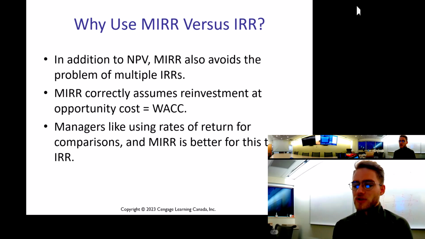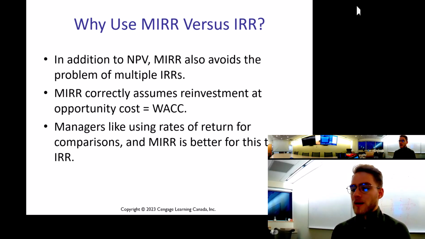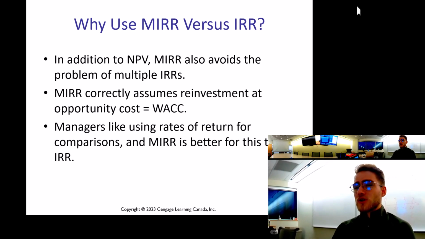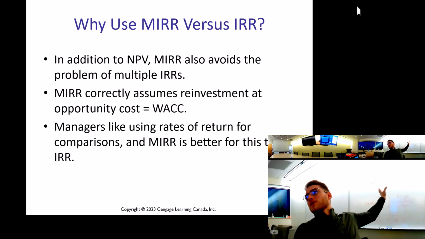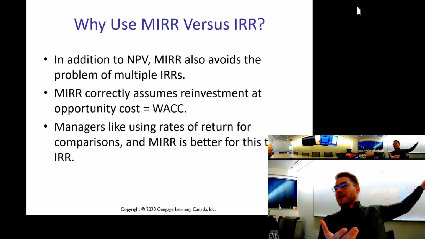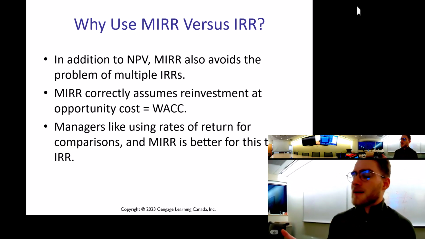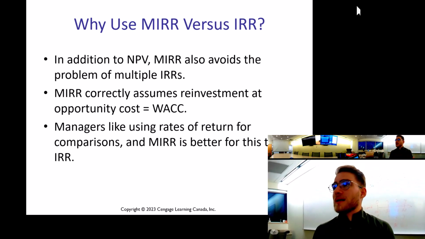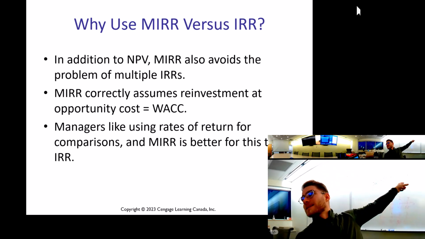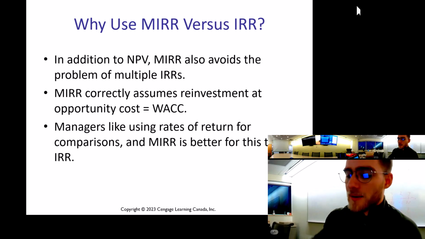Managers like using rates of return for comparisons, and MIRR is better for this than IRR. It's more truthful and more accurate because we're not assuming we're reinvesting at, say, 14.5%. We're assuming that initial $500 cash flow, or even that $10 million year one cash flow, is not being reinvested at 25%. No, it's being reinvested at 10%.